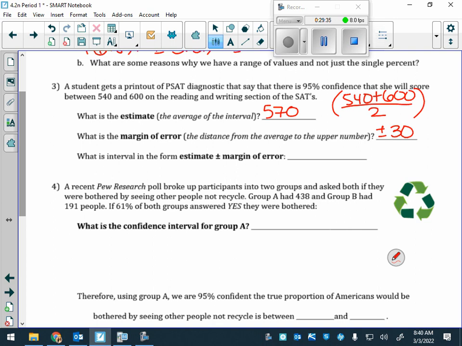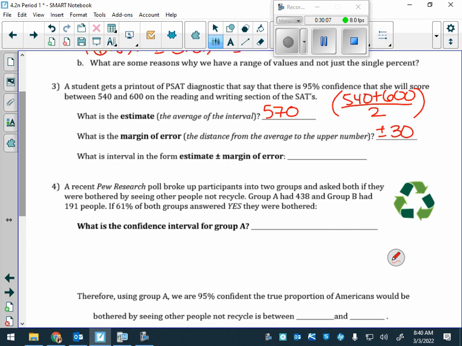So this is working backwards. We normally figure this out. So 540 to 600, we have to find the estimate. In order to find that, we take the average. 540 plus 600 divided by 2, we get 570. So that's our statistic. Then it says the margin of error. Well, if this is my statistic, how do I get to 540? How do I get to 600? Well, the margin of error must be plus or minus 30.